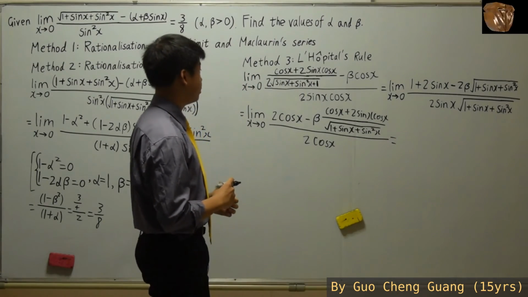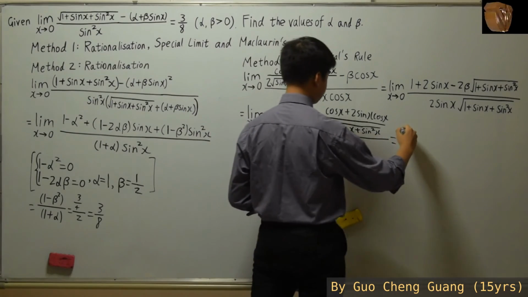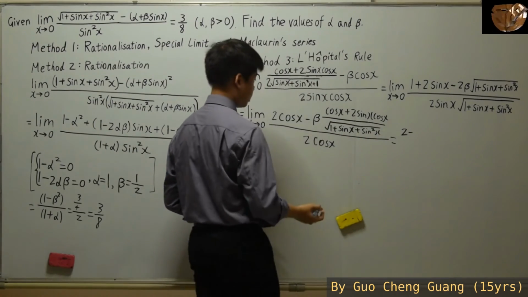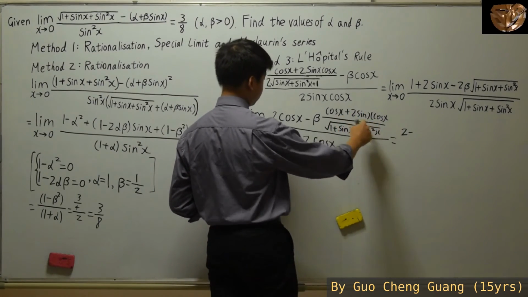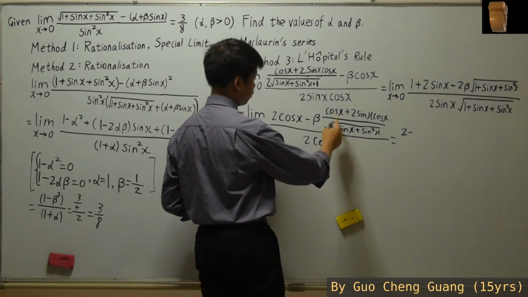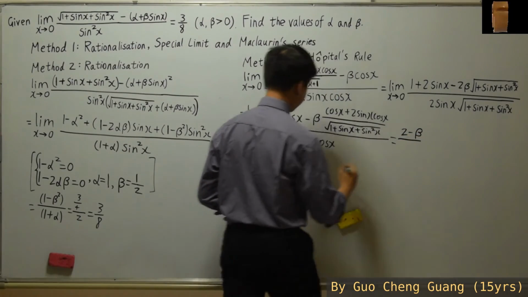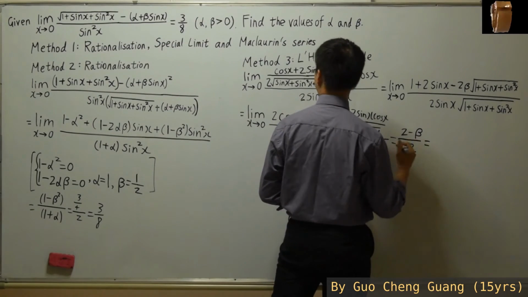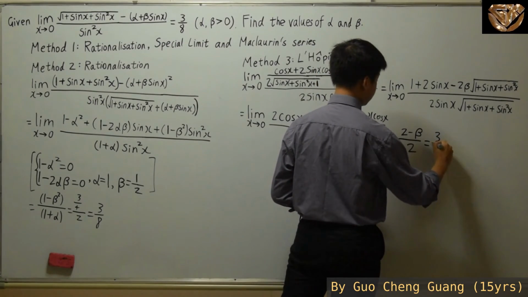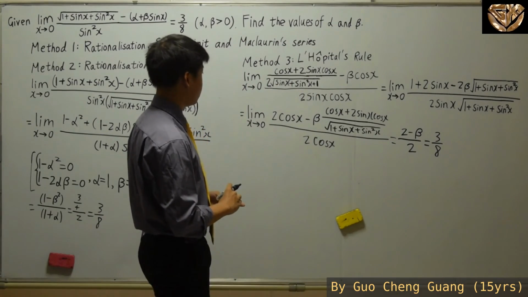And what will you see? So there will be 2 minus. This part is a 1, this is a 0, so it's just 1 over 1, which is just 2 minus beta divided by 2. And this has to be equal to 3 over 8, alright?